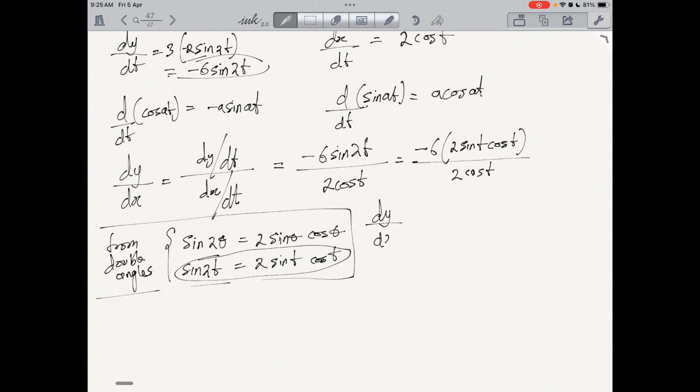Evaluating further, we have finally that our dy/dx will give us minus 6 sin t multiplied by 2 cos t divided by 2 cos t. Therefore, our dy/dx is minus 6 sin t.